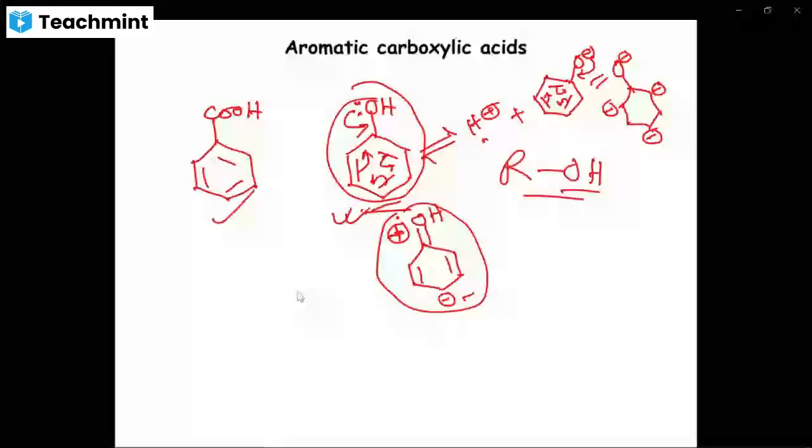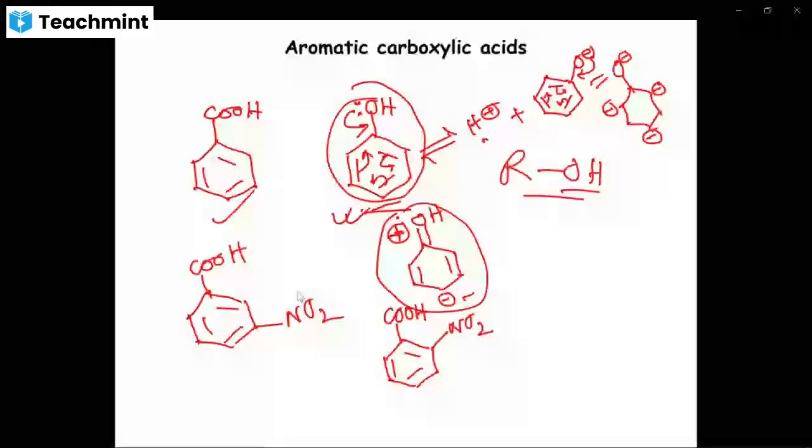So now if you are given two molecules, like let's say you have this COOH over here, and in one case you have a nitro substituent at the meta position, and in another case you have a nitro substituent at the ortho position. So which one will be more acidic?